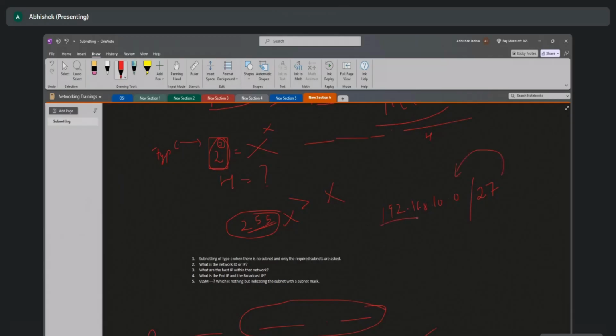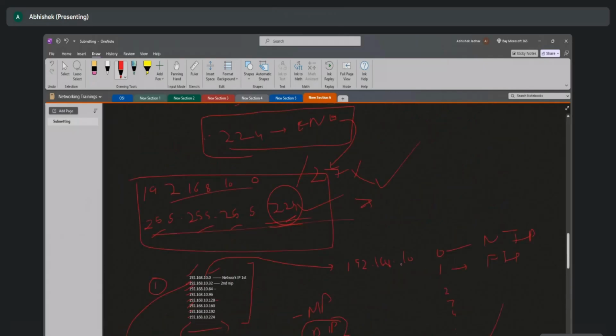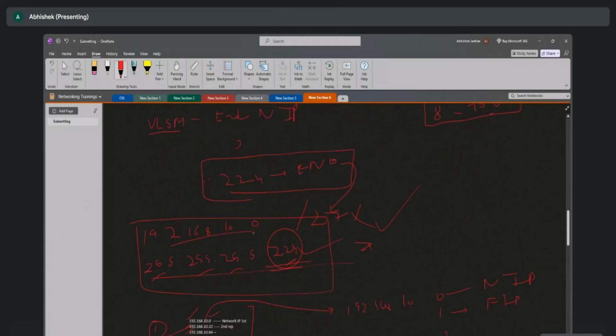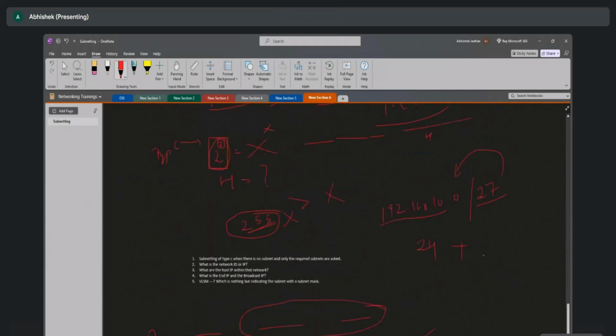And you know that a class C IP address has 24 bits. The subnet mask is only used to indicate to the computer how many network bits there are within the IP. How many bits did you borrow according to this? Three, right? So when you borrowed three, your value would be slash 27.